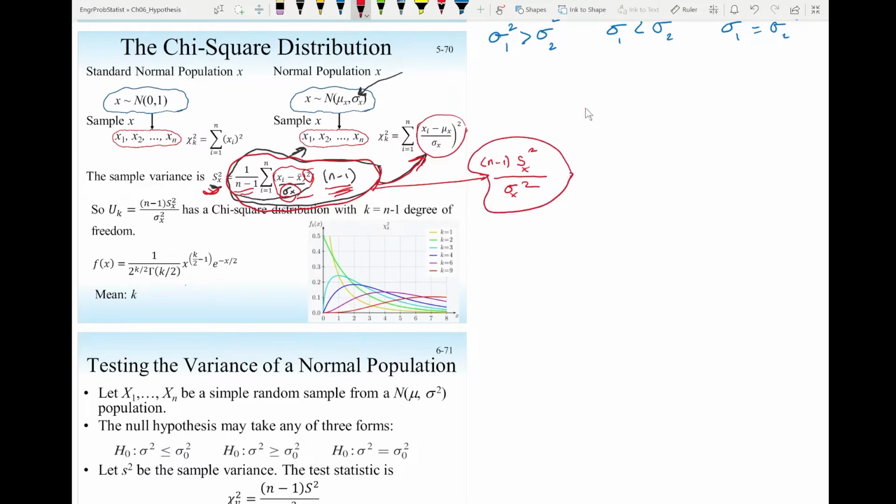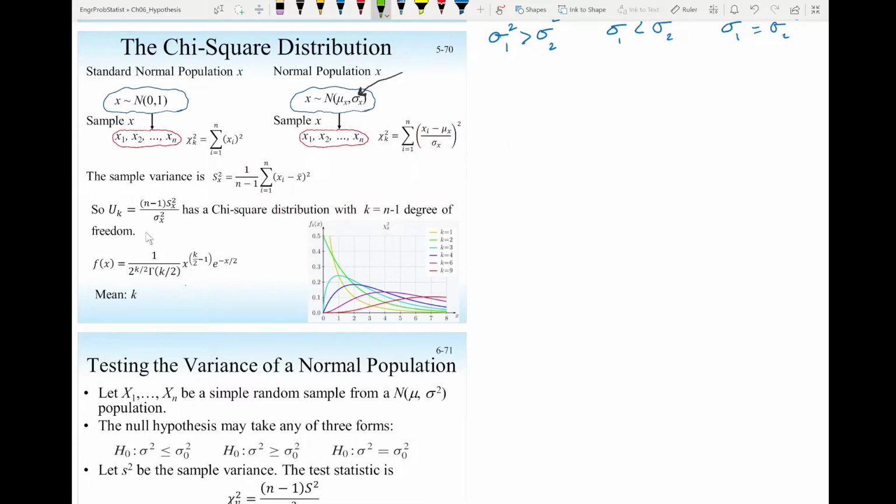The only variable here is the sample variance. Sigma x will be a constant, and n will be a constant. Let's clean up. So that's what we said earlier. We'll have a chi-square distribution. Let's just call it u of k, where k is the degree of freedom equal to n minus 1.